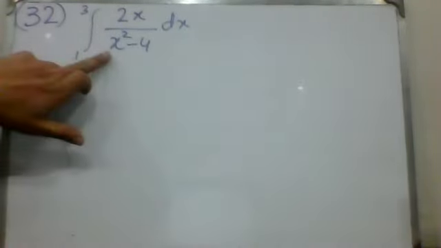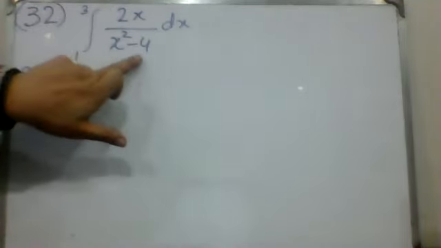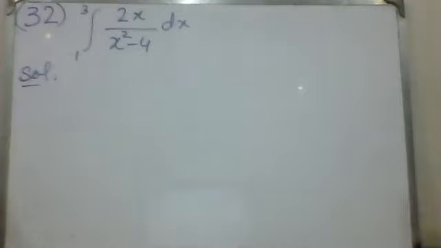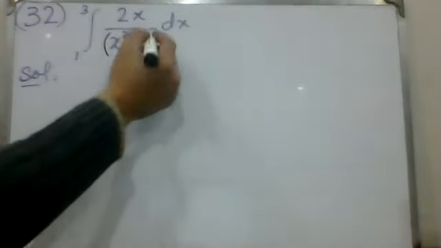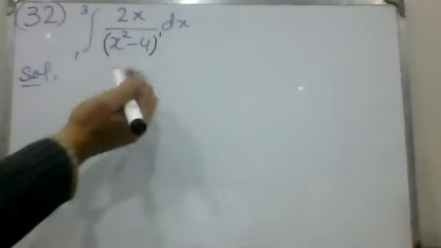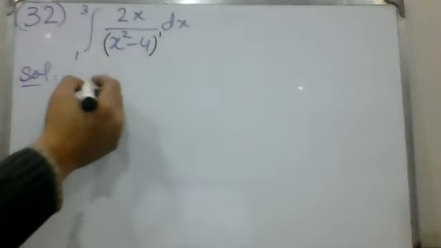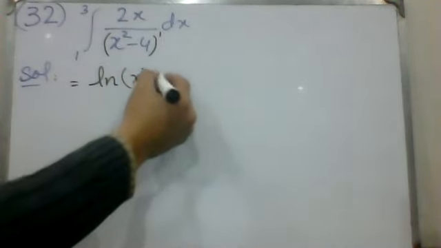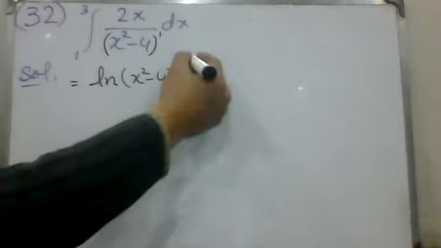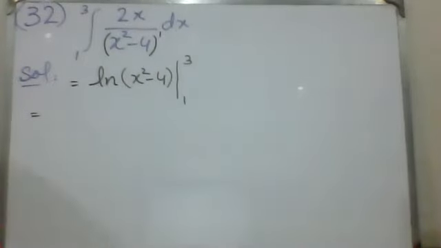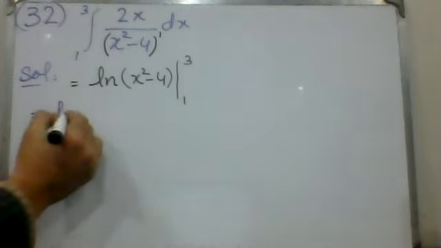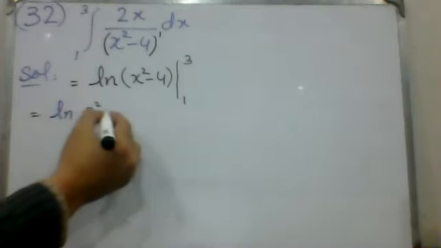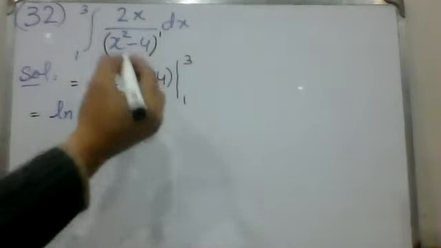Here derivative of x square is what? 2x, that is here. Derivative of 4 is 0. So derivative of that function is present in denominator and its whole power is 1 in denominator. We simply say that it goes to the natural log of x square minus 4, with limit 1 to 3. So first we put in the place of x, 3: ln of 3 square minus 4, first one, minus sign.